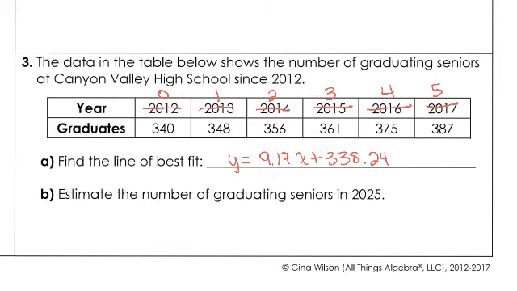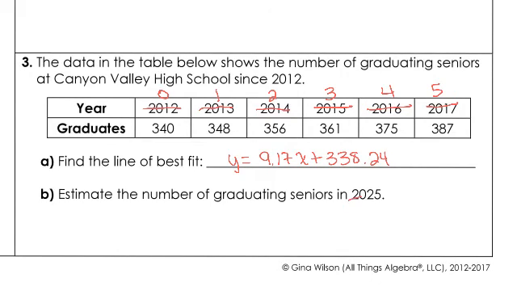Okay, so now we can estimate the number of graduating seniors in 2025. Okay, so is that year 6? Well, no, 2018 is year 6. So now we got to figure out what year is year 2025. So 18 is 6, 19 is 7, 20, 21, 22, 23, 24, 25.